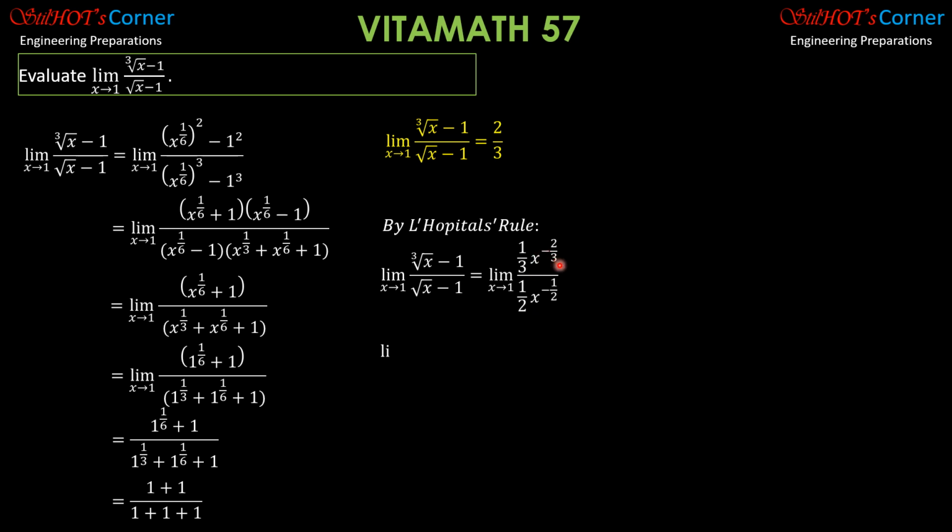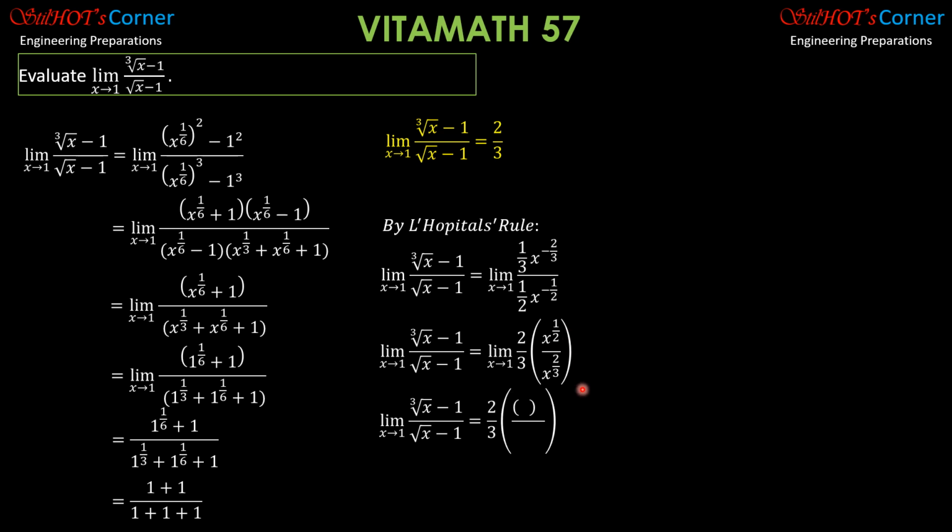It is equal to 2/3, then x to the 1/2 over x to the 2/3, to make the exponents positive. So the limit as x approaches 1 of 2/3 times x to the 1/2 over x to the 2/3. Substitute x equals 1. Both 1 to the 1/2 and 1 to the 2/3 are 1. So therefore, the limit of cube root of x minus 1 over square root of x minus 1 is 2/3.